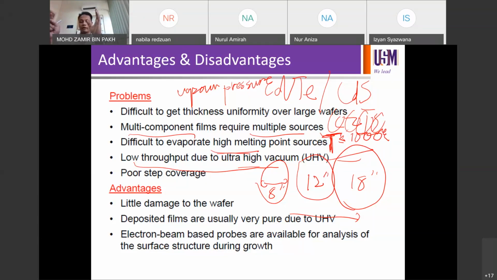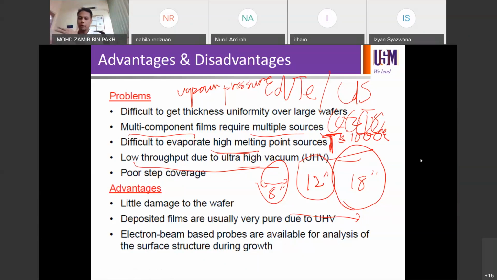Ada any one of you yang pernah run evaporation system dekat lab so that you can have a better picture? Anyone pernah evaporate? Siapa? Ilham pernah guna? Tak pernah. Inas pernah guna? FYP ke dulu tak pernah guna lah?